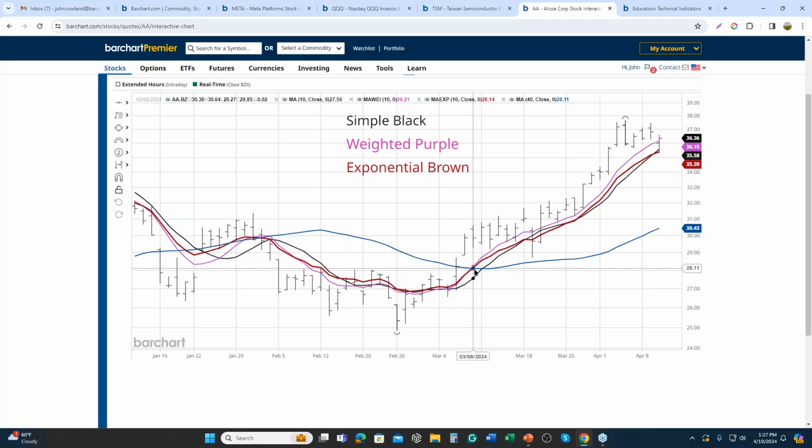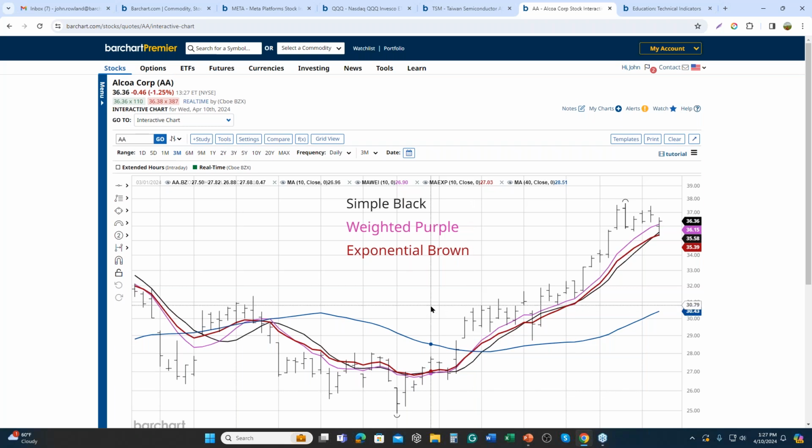We can use that as a potential buy signal as our shorter term moving averages cross our longer term moving average. But again, as we start to choose different moving averages, we might want to start changing our time frames.